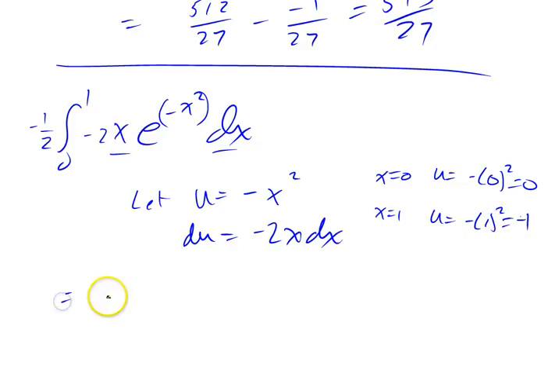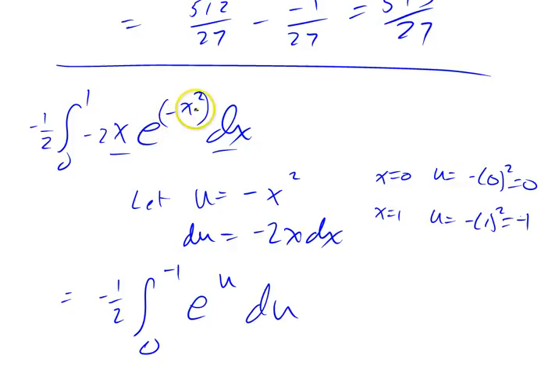So this becomes a minus a half, the integral, the 0 turned into a 0, the 1 turned into a minus 1, and this now is e to the u times du. The e to the u is right here, and then the minus 2x dx, all of that stuff is the du.